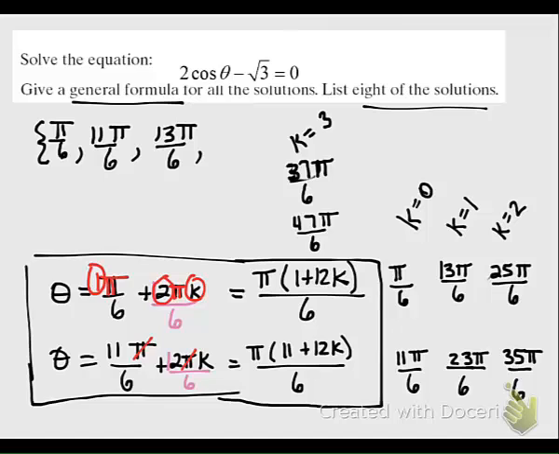Yeah. Do you know what the constant difference is you're adding? 12. Which is 12 divided by 6, so it's really 2 pi.